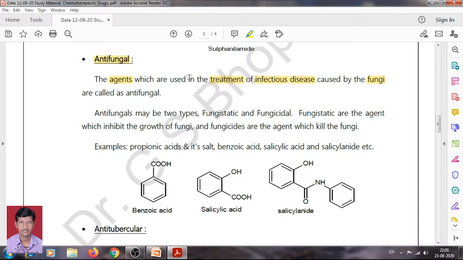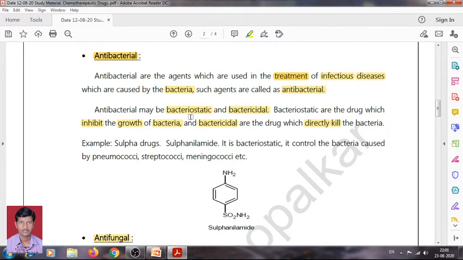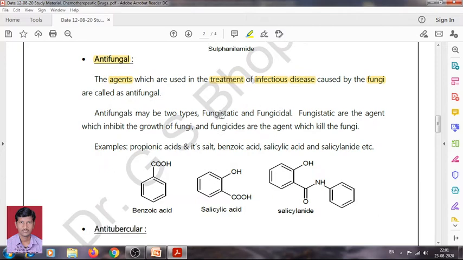Again, these antifungal drugs may be of two types. Like antibacterials, which are bacteriostatic and bactericidal, likewise the antifungals may be fungistatic and fungicidal. Now, what is the difference between fungistatic and fungicidal?